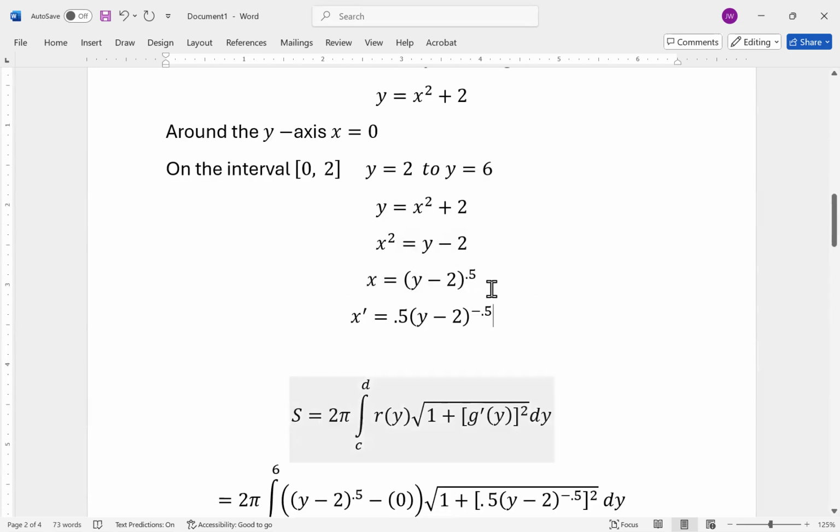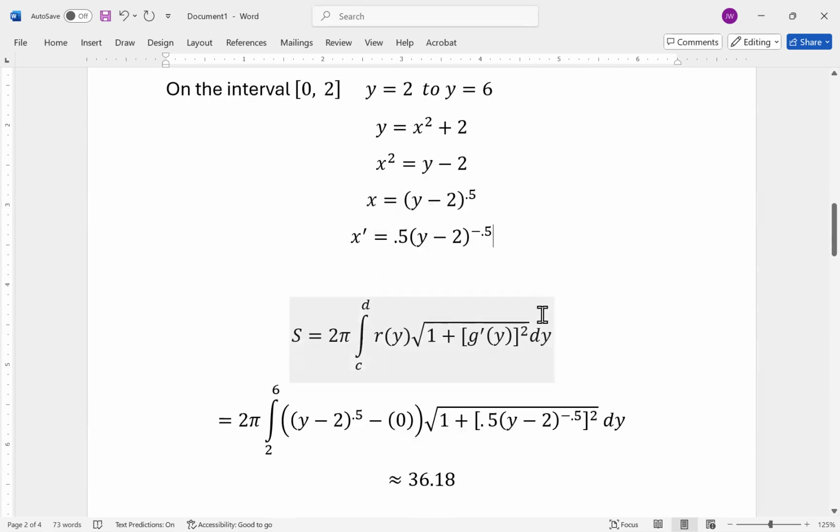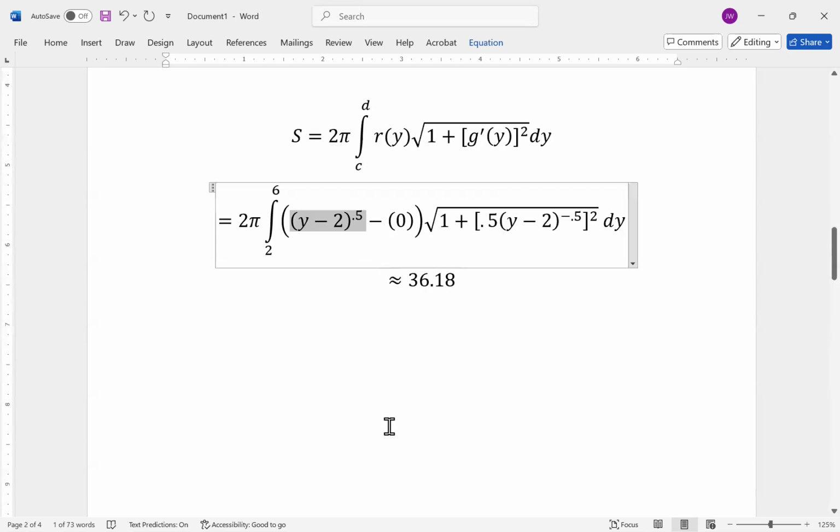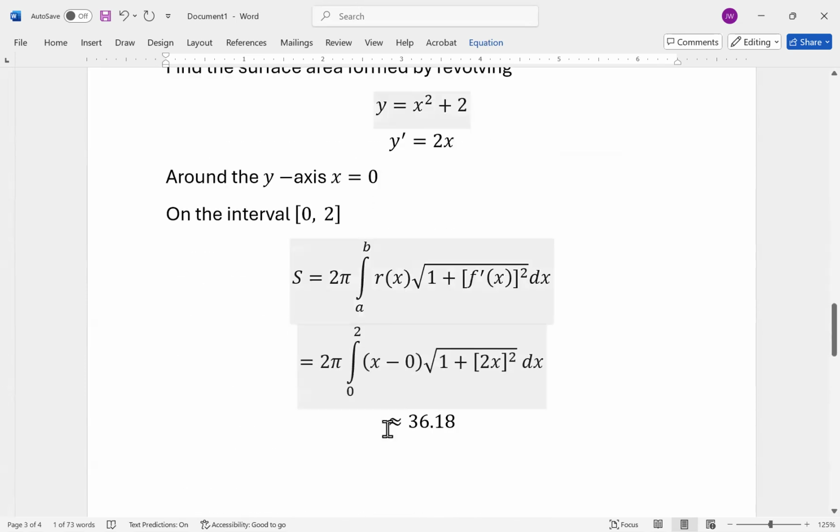And then the radius is a little bit more complex as well, because if I'm integrating with respect to y, then my radius has to be in terms of y values minus 0. Whereas if I integrated with respect to x, my radius is just arbitrary x value minus 0. So obviously this one, it was much easier to integrate with respect to x.